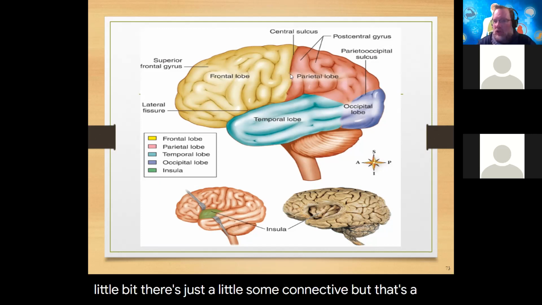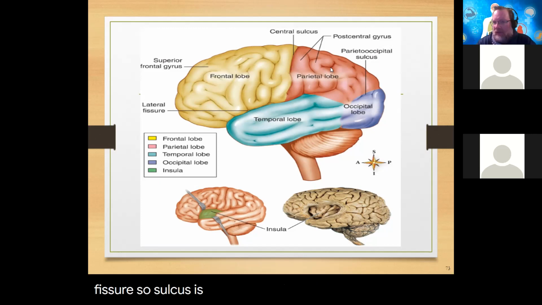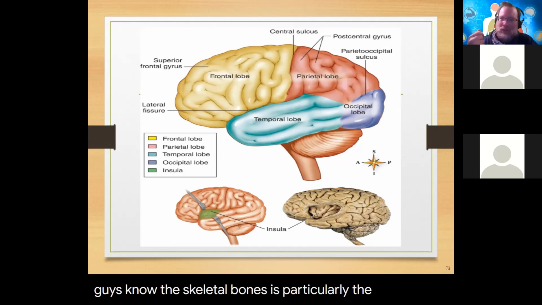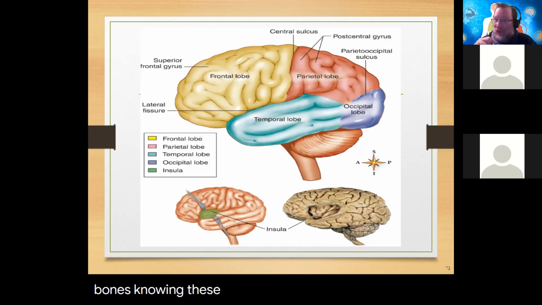But that's a fissure. A sulcus is just a little bit of a groove in between all of these gyri. So we do have a main sulcus by which we can divide the lobes. The lobes of the cerebrum are named for the bones involved. Since you know the skeletal bones, particularly the cranial bones, knowing these different lobes of the cerebrum should be a slam dunk.